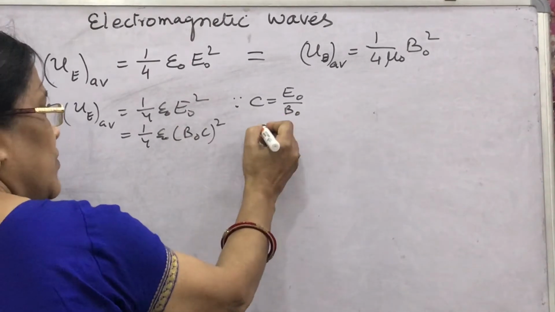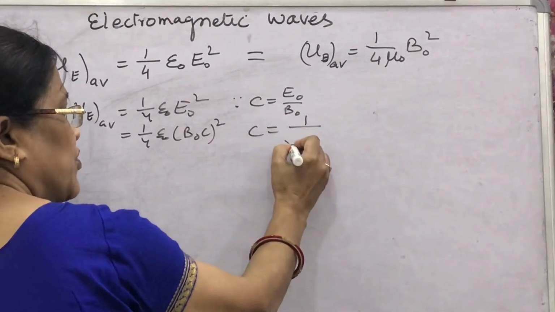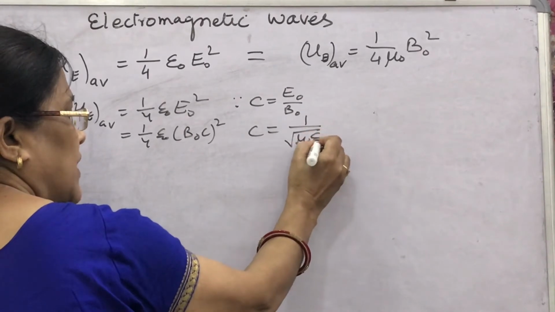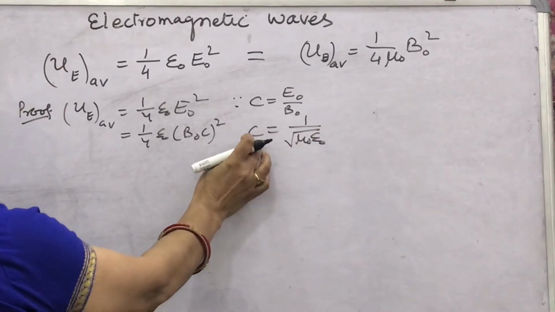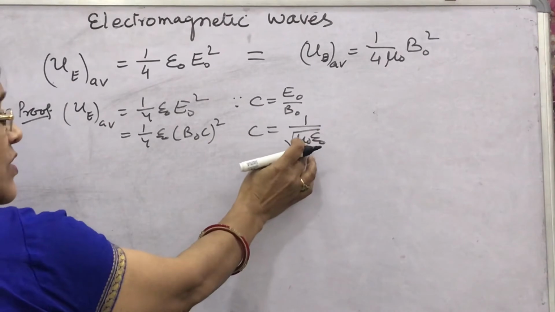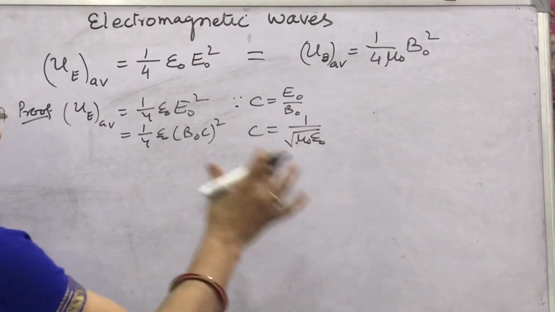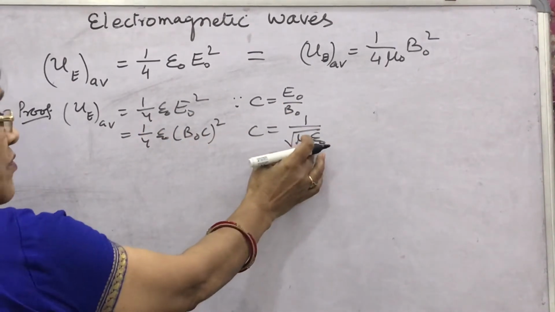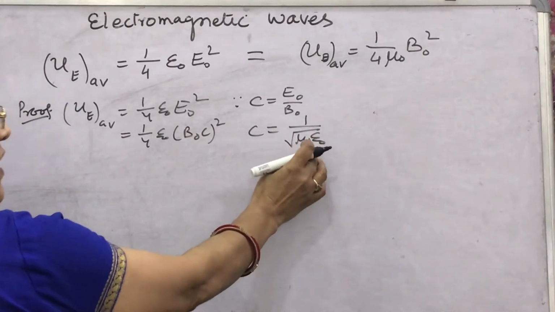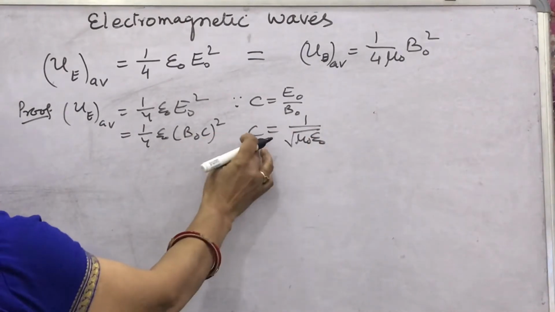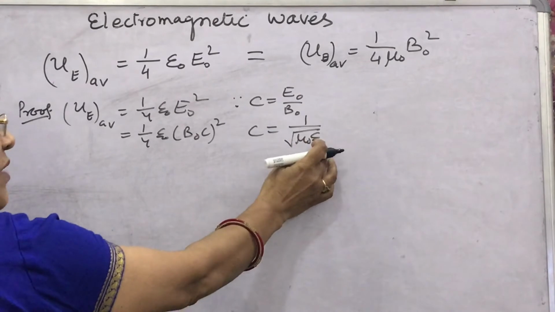Again we know C is 1 by root mu naught epsilon naught, that is, the speed of EM waves depends on the permittivity and permeability of the medium, here of free space. So C square will be 1 by mu naught epsilon naught.